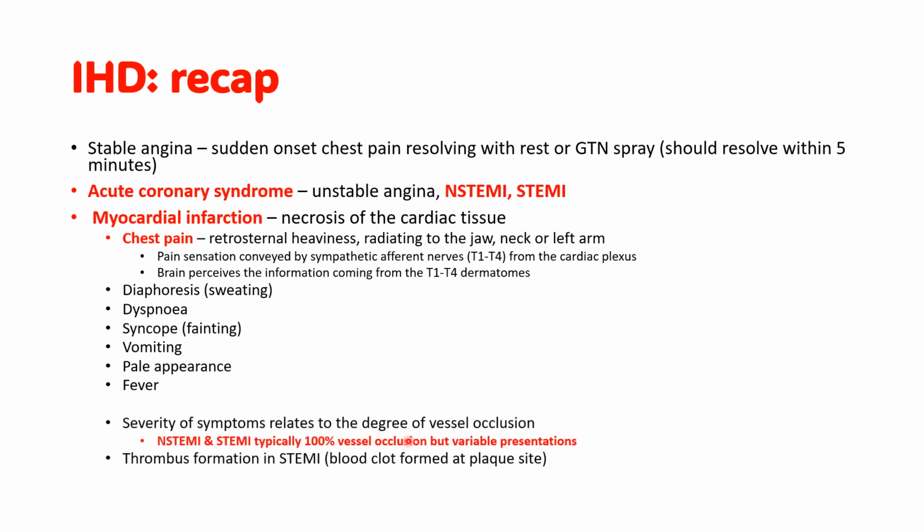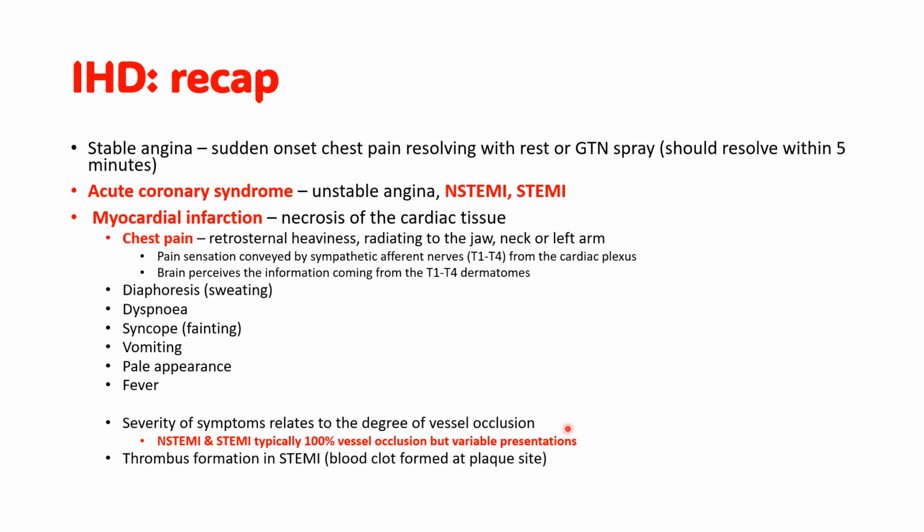The severity of the symptoms relates to the degree of vessel occlusion. In STEMI and NSTEMI, typically there's 100% vessel occlusion. They can present very variably, though. There are other ways in which they present. The chest pain might be atypical. It could be epigastric pain. It could be burning in nature.